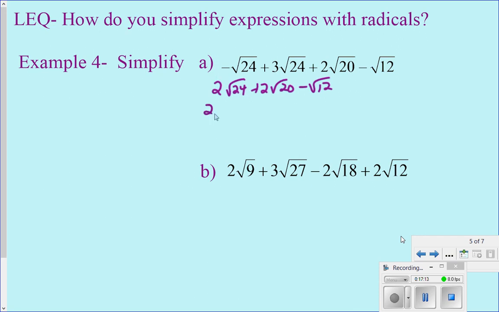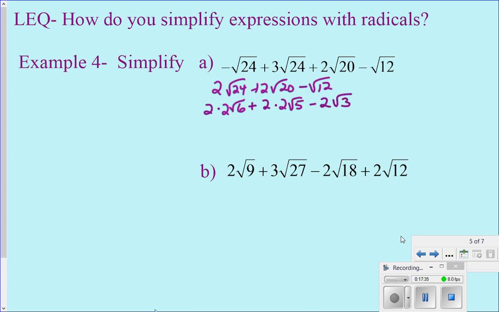I can simplify further because root 24 is 2 root 6. And then I have to simplify root 20, which is 2 root 5. And then I have to simplify root 12, which is 2 root 3.